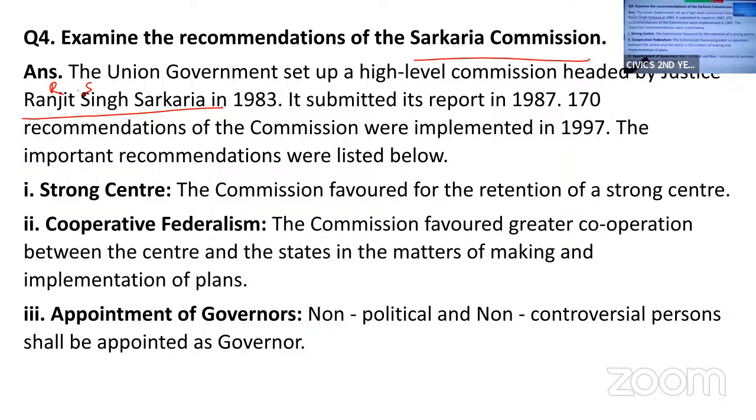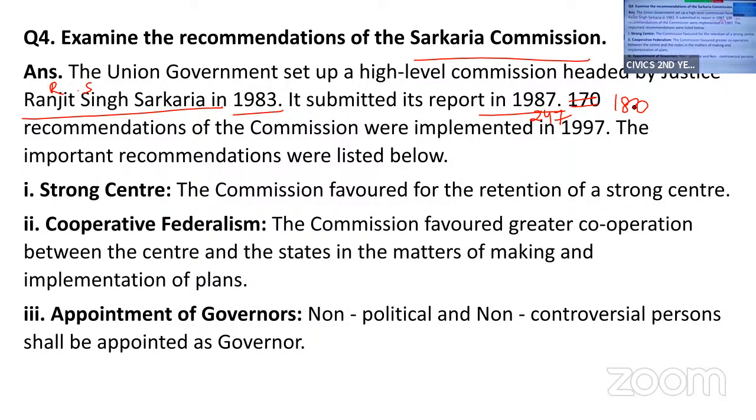In 1983, to suggest measures to strengthen the union-state relations, the Sarkaria Commission was set up by the central government. The commission submitted its report in 1987 with 247 recommendations, out of which only 180 recommendations were implemented.